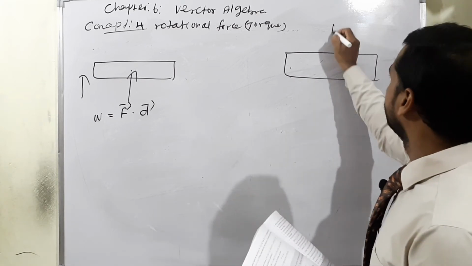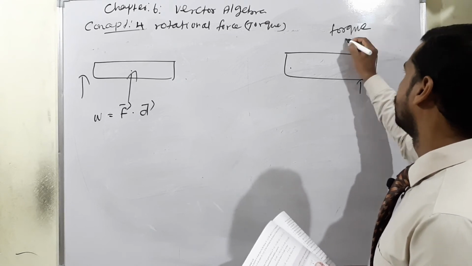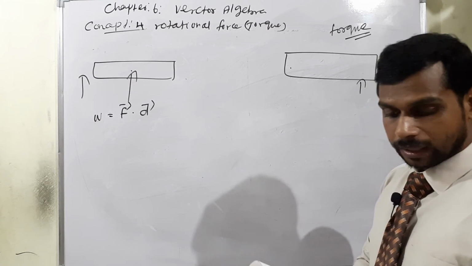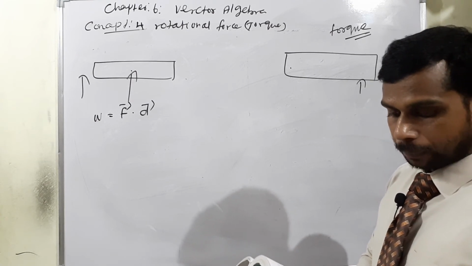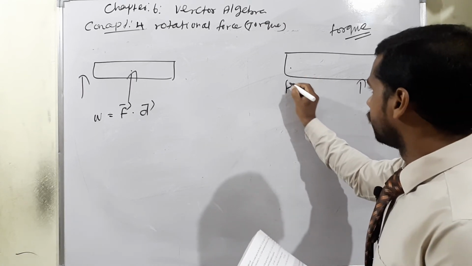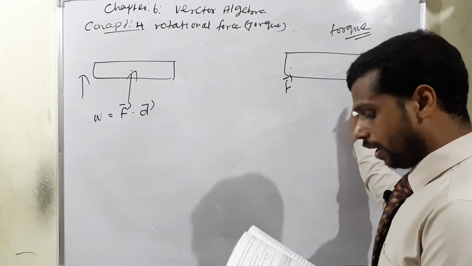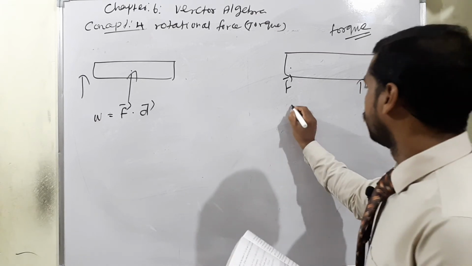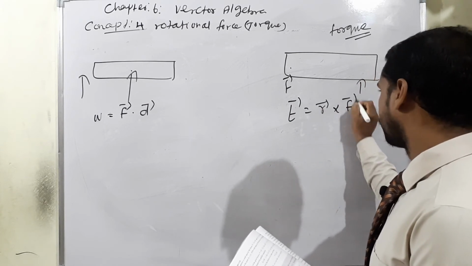Torque, spelled TORQUE. Whether it is a 2 mark or 3 mark question, the condition is clear: if a force F vector is applied on a particle at a point with position vector R, then the torque or moment on the particle is given by T vector equal to R vector cross F vector.